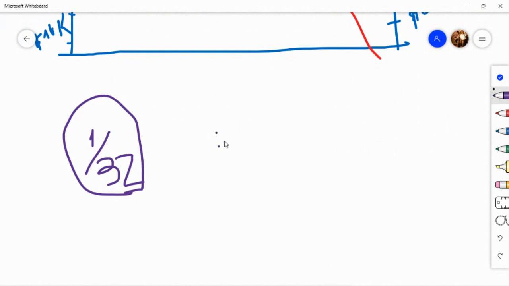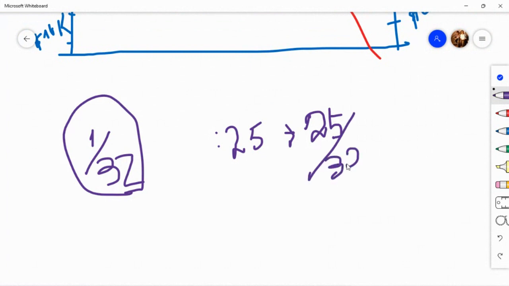So the colon 25 actually means 25 over 32 of 1%.